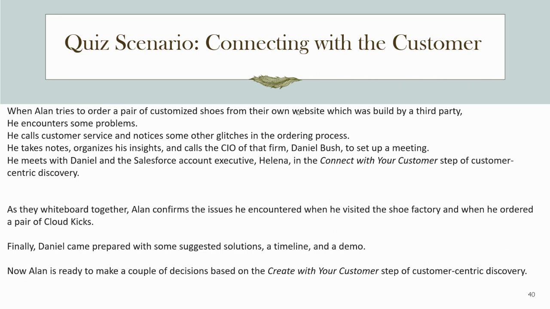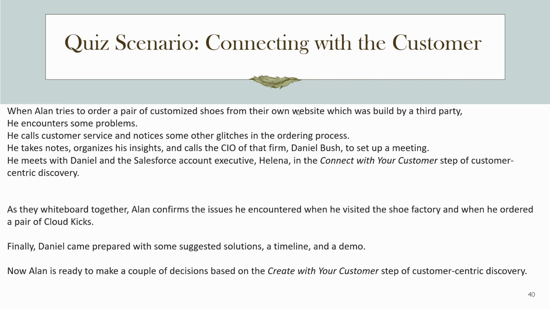Based on the current scenario, they connect with the customer. Now they have whiteboarded together, and Alan confirmed what he encountered when he visited the shoe factory and when he ordered the pair of shoes on the website. Based on what they whiteboarded, Daniel, the CIO of that firm, prepared some suggestions.